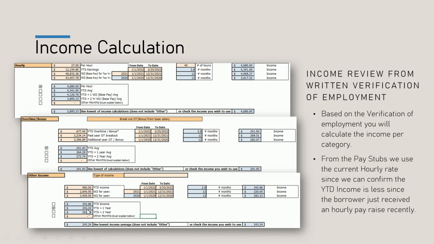Your underwriter is always going to go with the lowest of your calculations. Same here, I gave him my year-to-date current because it was lower than the last 2 years. Now, if this was FHA, we would definitely go with the 264 because you're not counting your year-to-date average. Same here, we're going to go with the worst-case scenario with FHA.